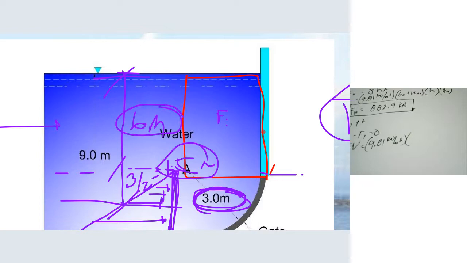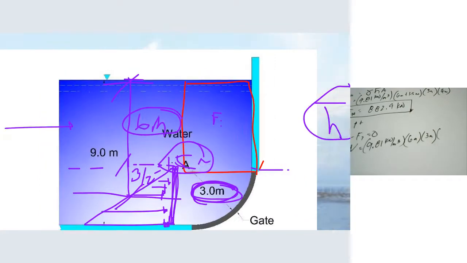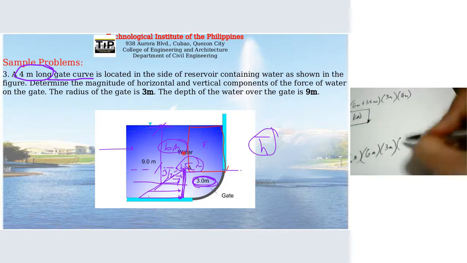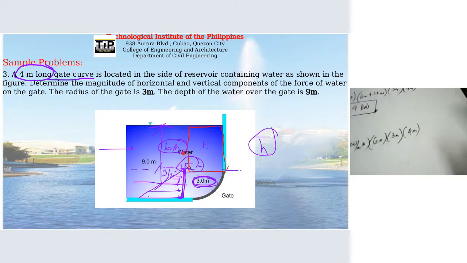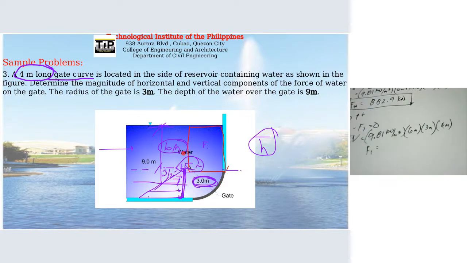The dimension of this rectangular shape figure. So 6 meters times 3 meters, and then times the thickness or length, 4 meters. Okay, so yun yung lapad nitong rectangular shape na tubig na to. So, times 4. So, ano po yung F sub 1?